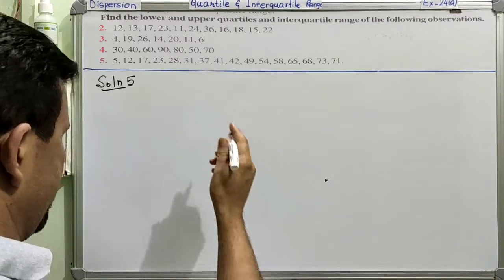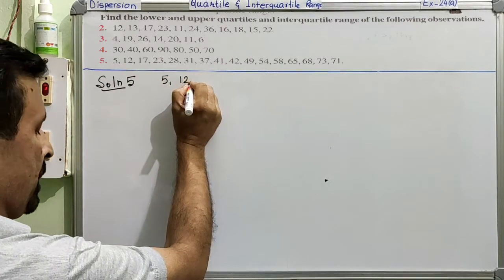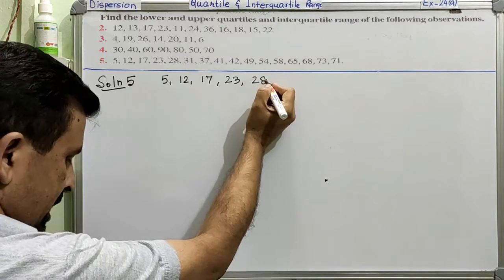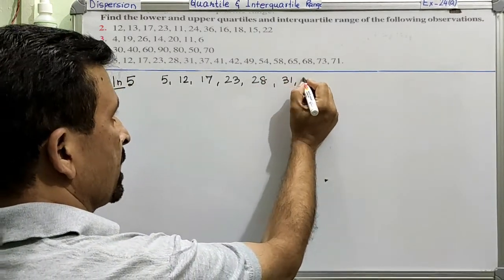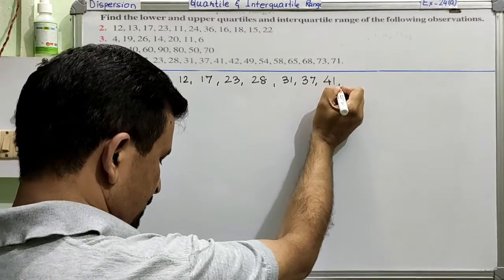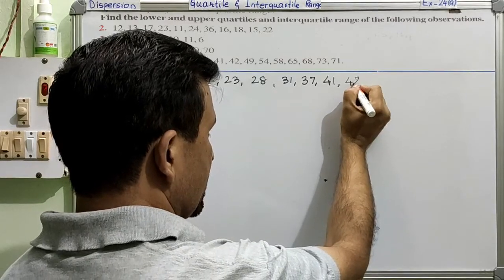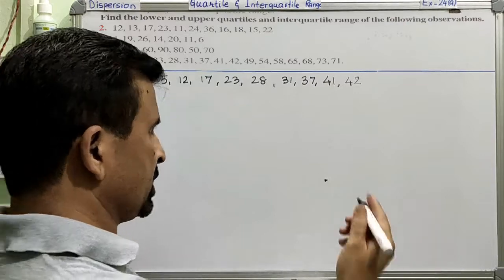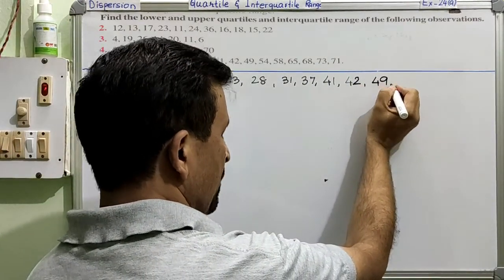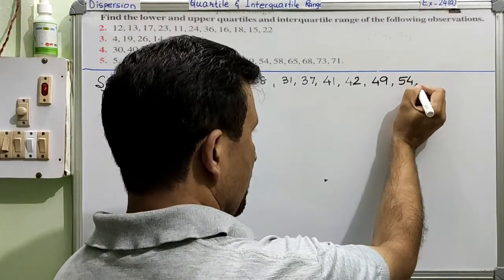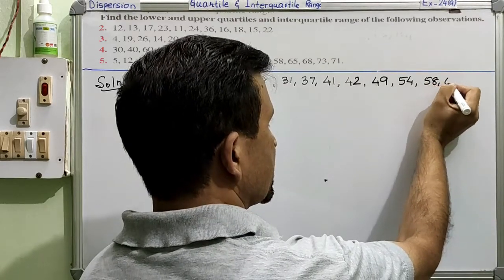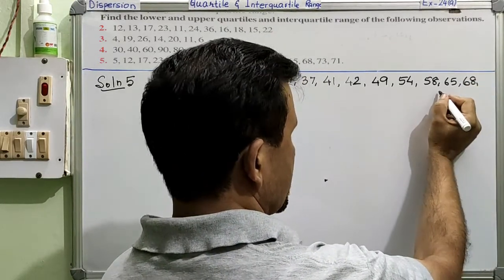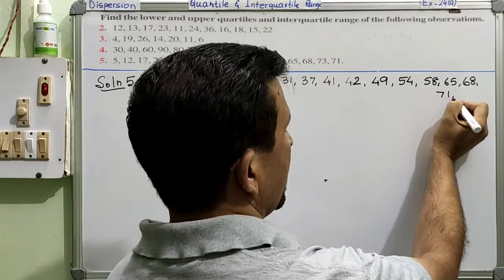So let me copy the data: 5, 12, 17, 23, 28, 31, 37, 41, 42, 42, 49, 54, 58, 65, 68, 71 and 73.